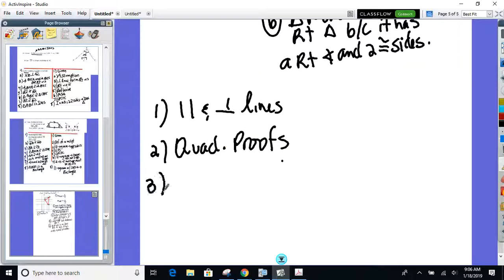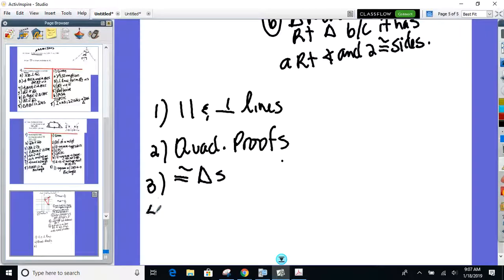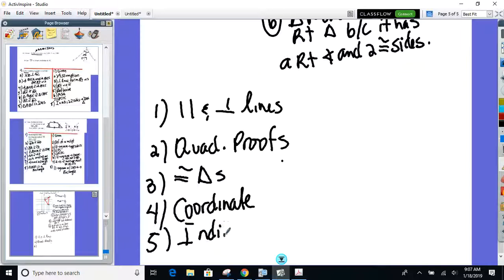Congruent triangles. What else did we say? Coordinate and indirect, yep. There are 3 proofs on there. I can tell you that the 3 will be somewhere in here.